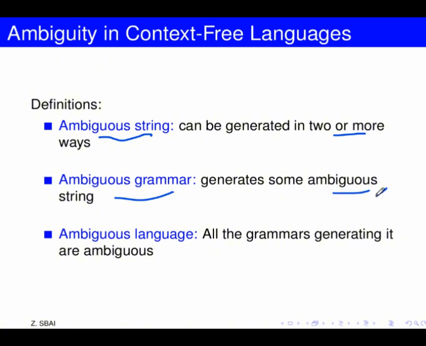So if we find a string that is ambiguous, we will say that the grammar is ambiguous. Now we will say that the language is ambiguous if we don't have any grammar that is not ambiguous that may generate the language. So in this case, we will say that the language is inherently ambiguous.